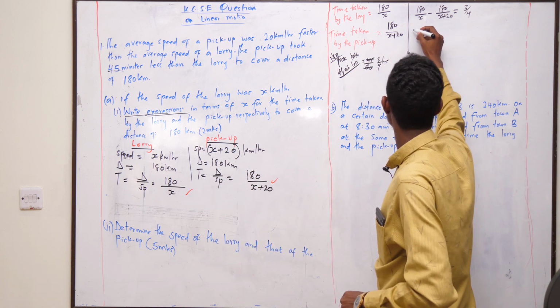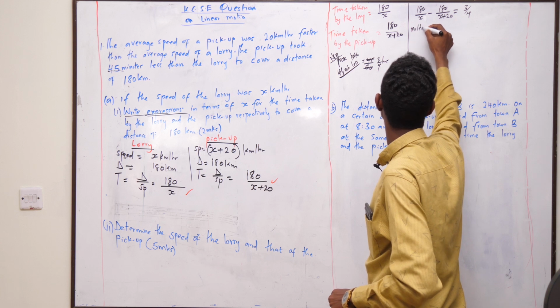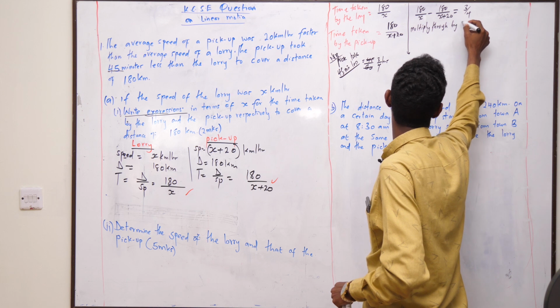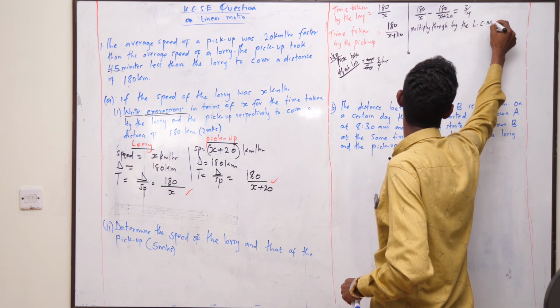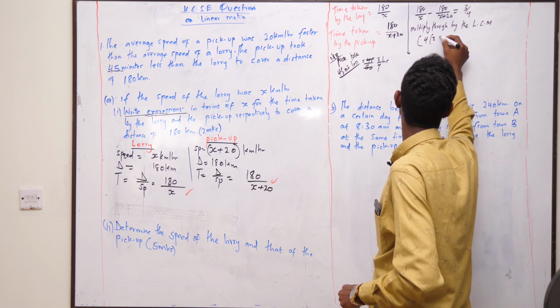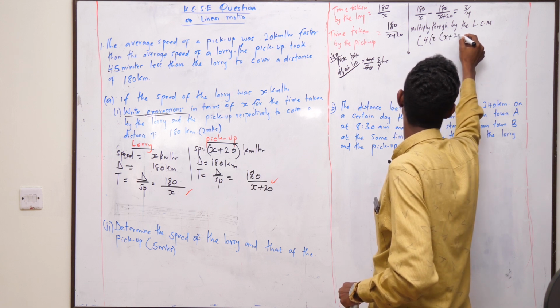Now we multiply through by the LCM, and the LCM here is 4 into x into x plus 20.